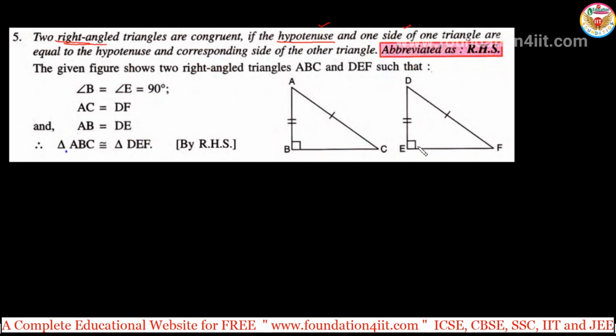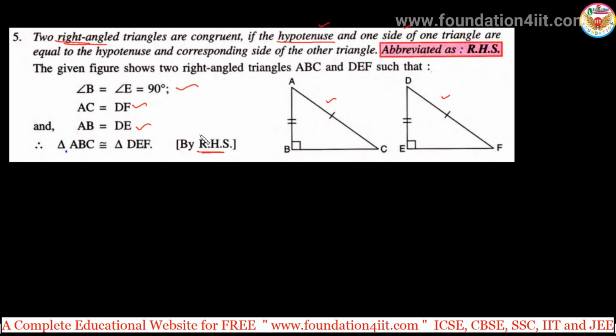Here angle B is equal to angle E, 90 degrees, and AB is equal to DE and AC is equal to DF. Compulsorily the hypotenuse must be equal: AC is equal to DF, and of the other two sides one should be equal. So AC is equal to DF and AB is equal to DE by RHS.